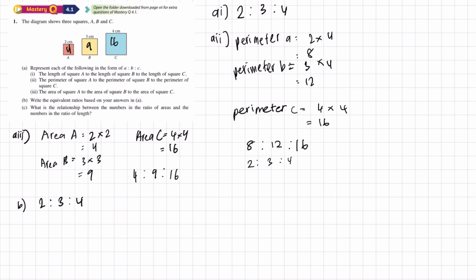So the ratio of area is the square of the ratio of length.